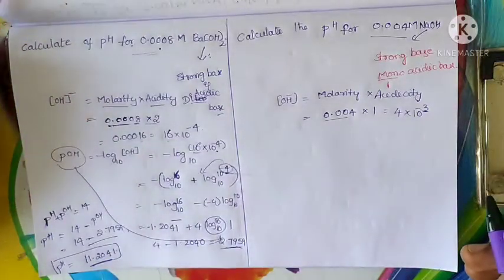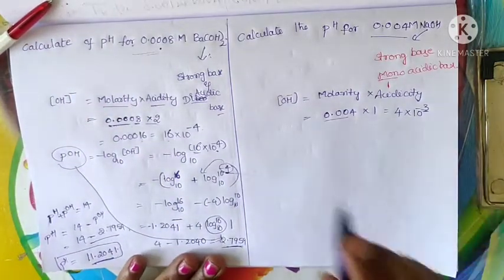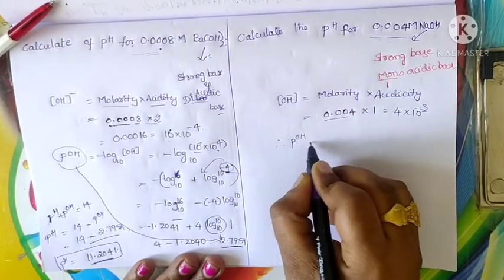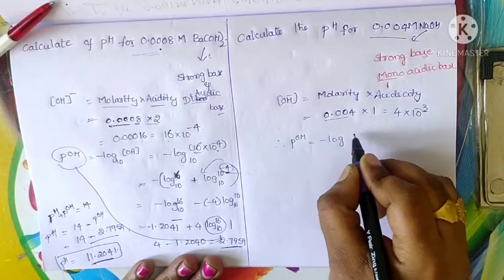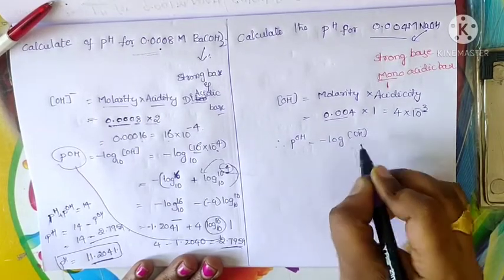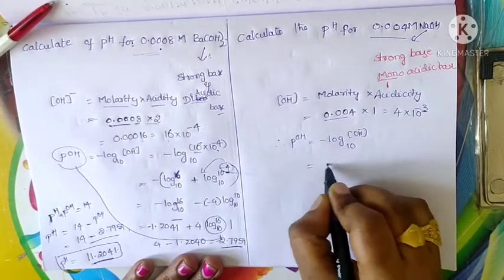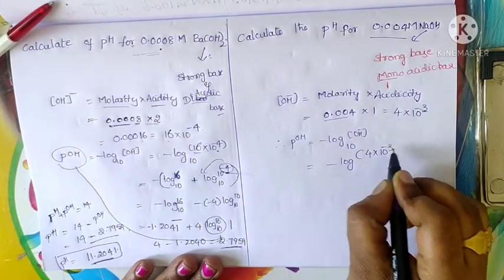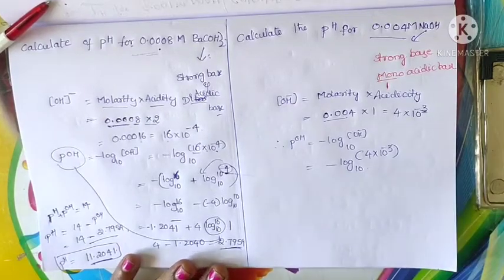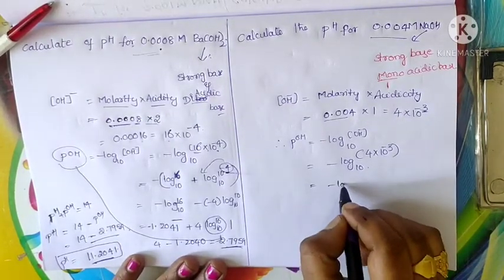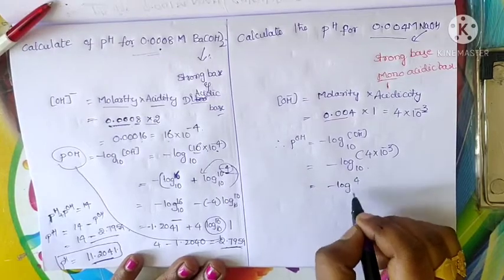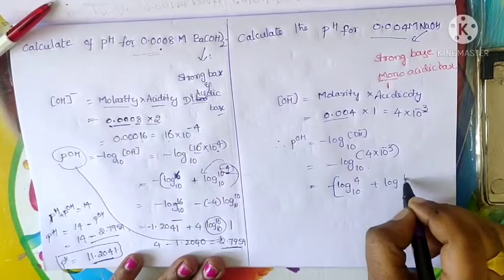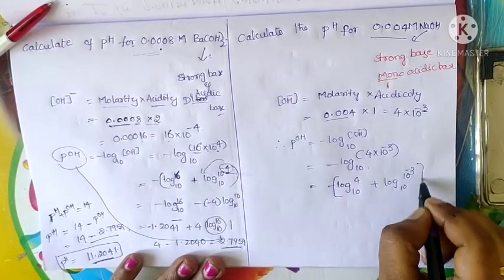And then we are calculating pOH. pOH equals negative log of concentration of OH to the base 10. The concentration of OH is 4 into 10 power minus 3. Okay students. So minus log of 4 into 10 power minus 3 to the base 10.